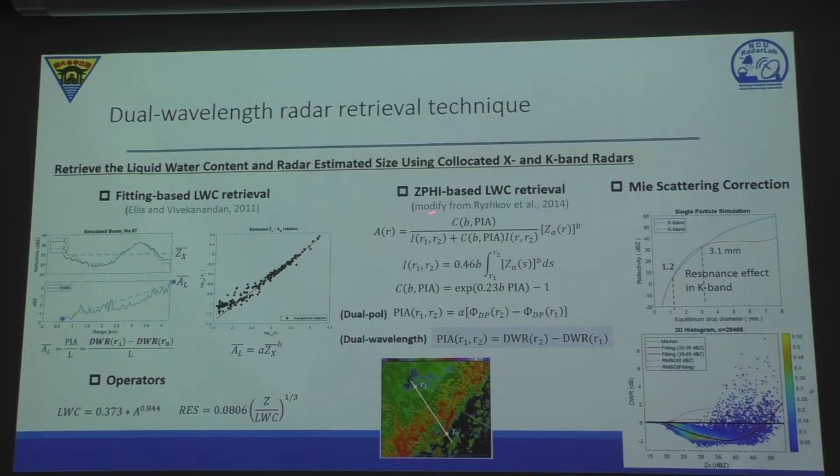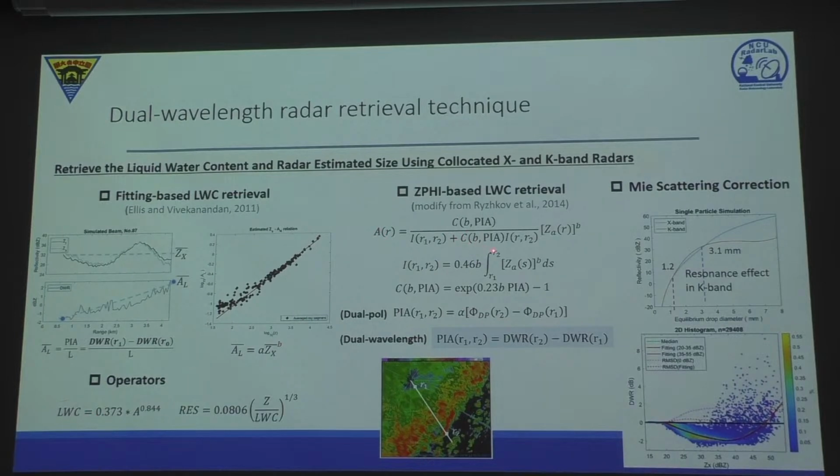The most recent application used the ZΦ technique to retrieve the attenuation, and later used the attenuation to estimate rainfall rate. We use the same concept, but instead of retrieving the rainfall rate, we try to retrieve the coefficient A, because attenuation is highly correlated to the liquid water content.